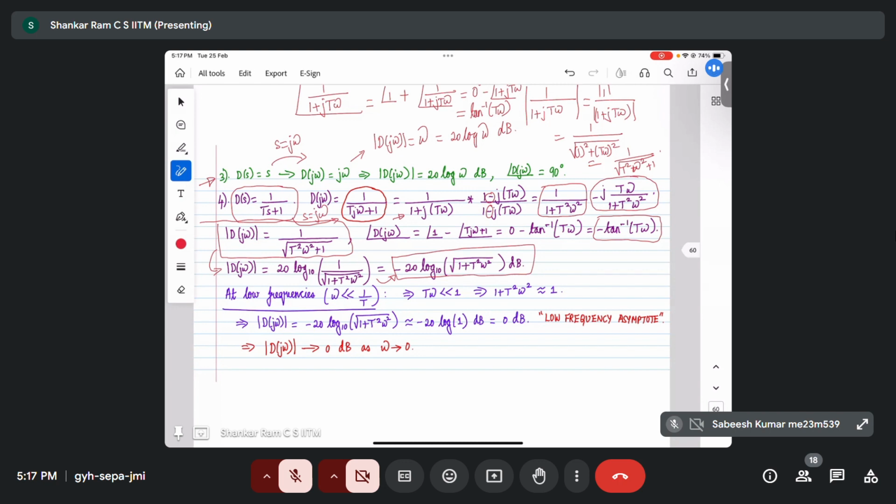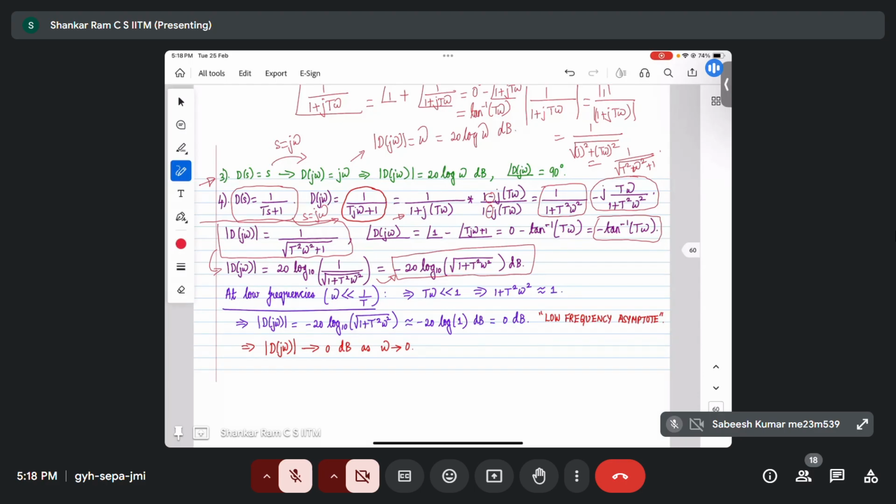As we already know, asymptotes indicate the limit of a function when a variable goes to a limit. In root locus, we plotted asymptotes to figure out what happens when s tends to infinity or K tends to infinity and so on. A similar idea we are going to use here.